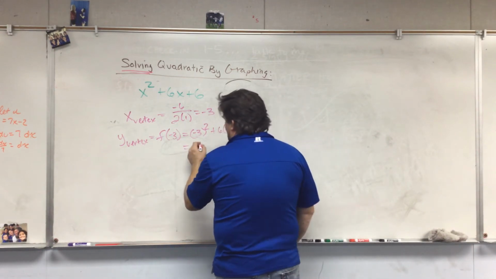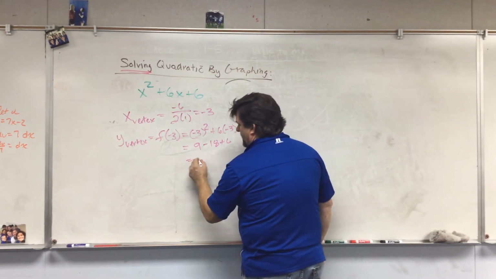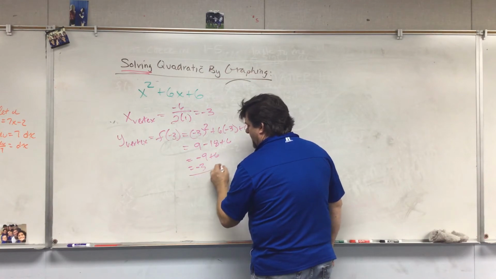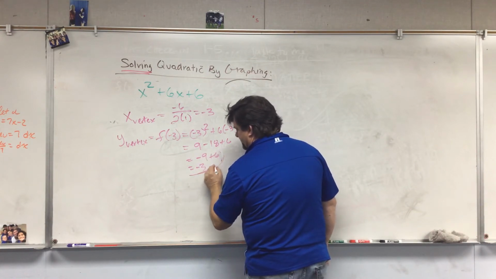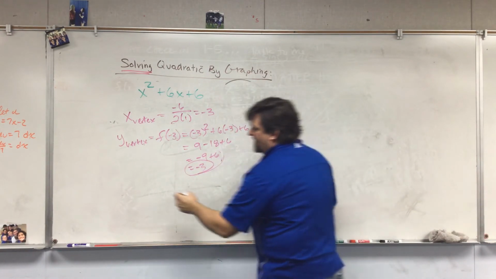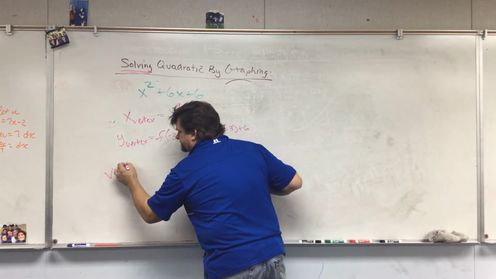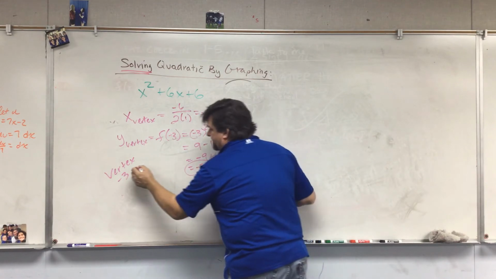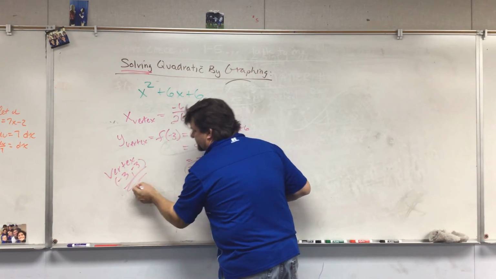So we get 9, minus 18, plus 6. Negative 9 plus 6, and so we get negative 3. So with all that work, I know my vertex is at negative 3 and negative 3. That's where my vertex is at.